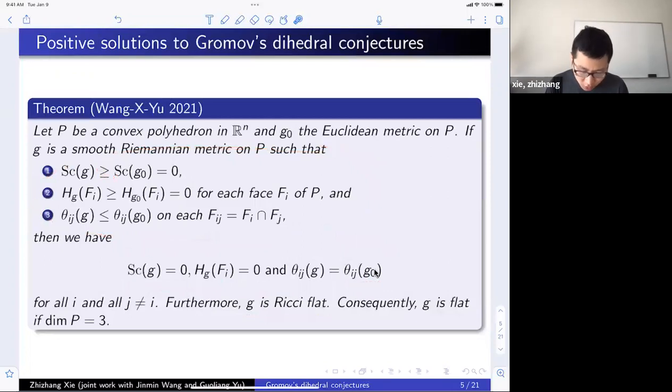For the rigidity part, instead of G is flat, we only show it's Ricci flat. Okay, this is because of the method we use. So currently we don't have flat, but we've implied that G is Ricci flat. Of course, in dimension 3, Ricci flat and flat are the same. So in dimension 3, we do solve Gromov's dihedral rigidity conjecture completely. Okay.